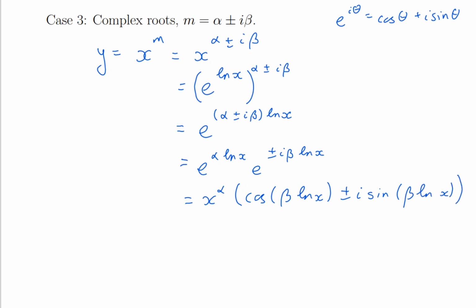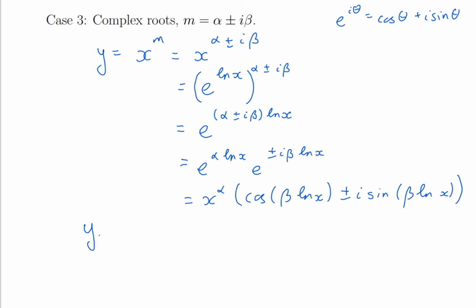So why is that progress? I'm not quite there yet. I've rewritten it in terms of more familiar functions instead of x to a complex number, but I've still got complex solutions. Again, just as we did for the constant coefficient equation, you can take these two solutions and add them, or you can subtract them, and you can get real solutions that way.